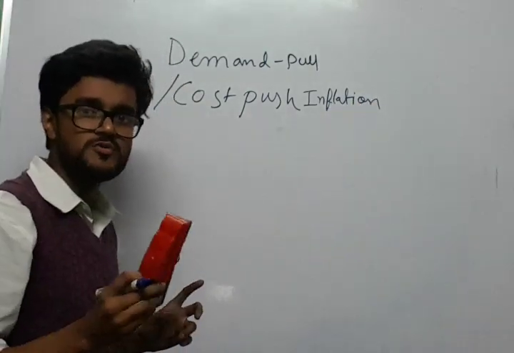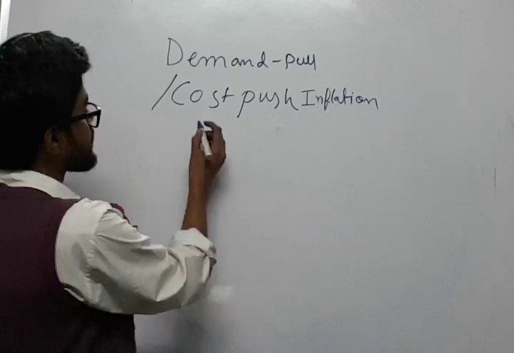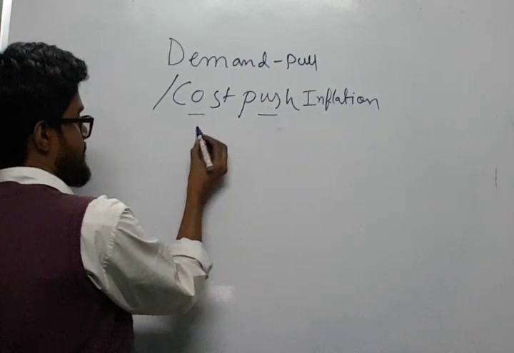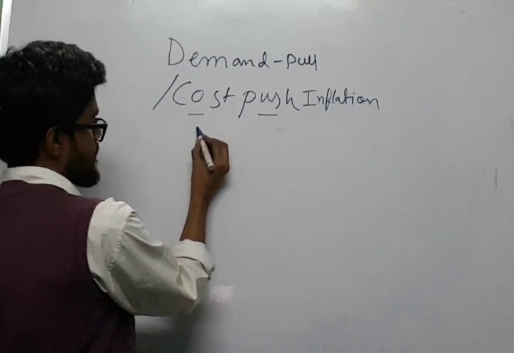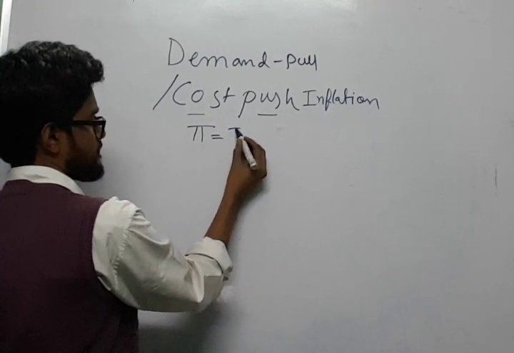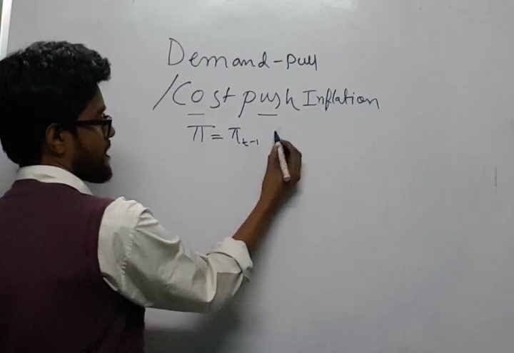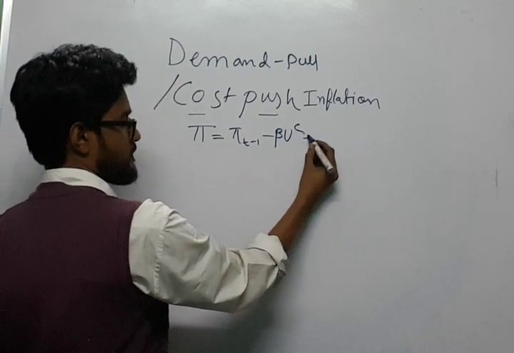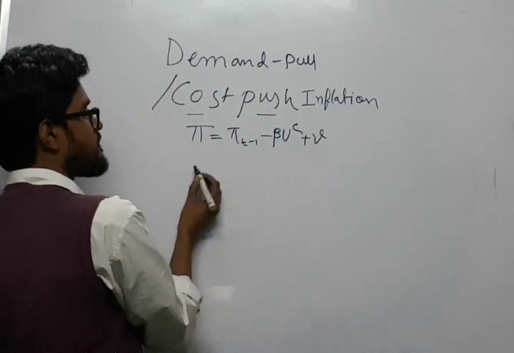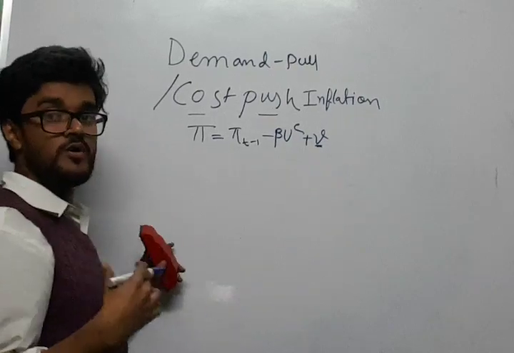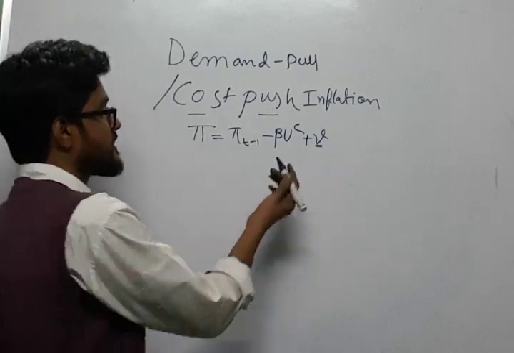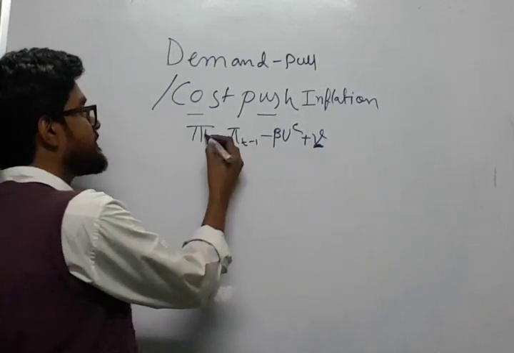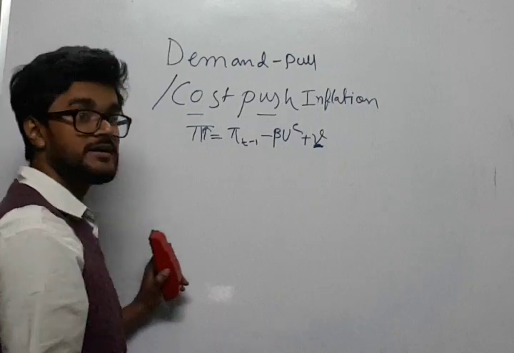Now, what is cost push inflation? Cost push inflation is basically, suppose there is a change in supply shock, that is, there is an adverse effect of V. Inflation is expected to increase.